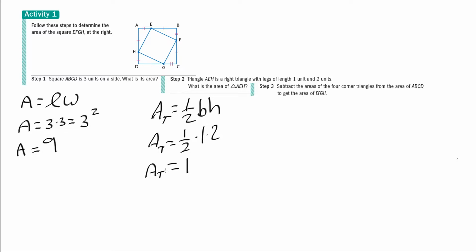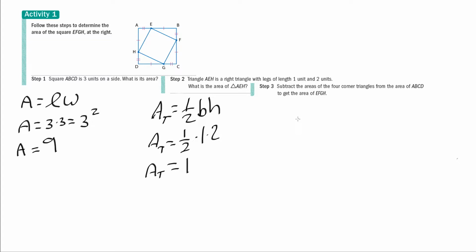Subtract the area of the 4 triangles from the area of ABCD to get the area of EFGH. So if we're subtracting out these 4 triangles, those are areas of the larger square that we're removing. The area that's left is this internal square whose area we'd like to determine.